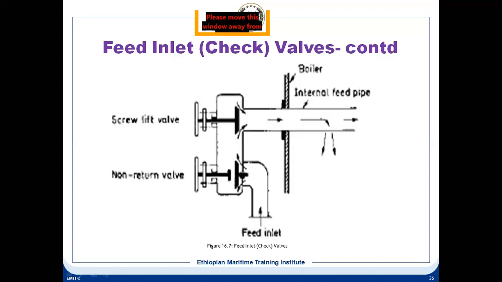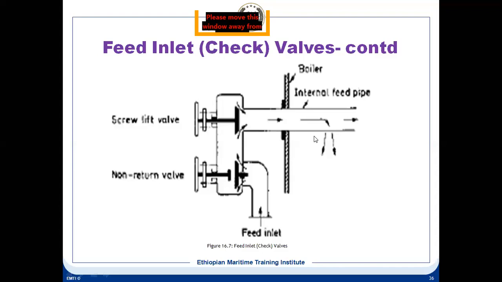And this is a diagram of the feed check valve. Some of you may have come across this design. Basically, your feed water is entering here, into a kind of header. You have one feed check non-return type valve over here, and then you have the other one, which is a screw lift valve. Both valves need to be open. This is your boiler shell plating, and then the feed water is entering the boiler.